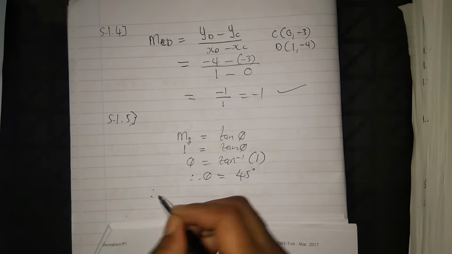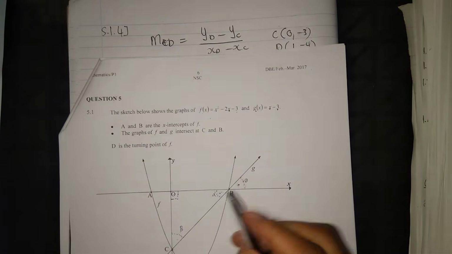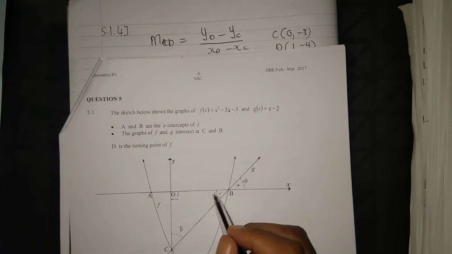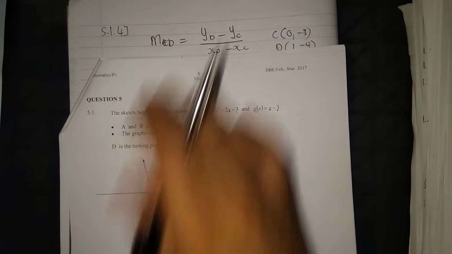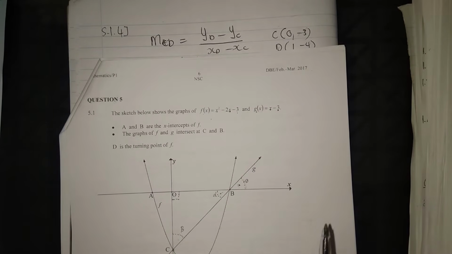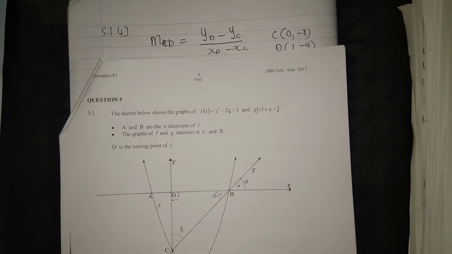So instead of saying alpha and beta, I can just say OBC. Because the question is about OCB, I can't say beta is equal to 30 degrees, whilst the question asks for OCB, not beta.